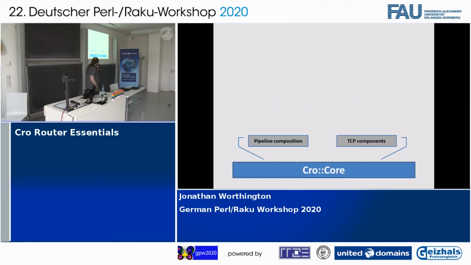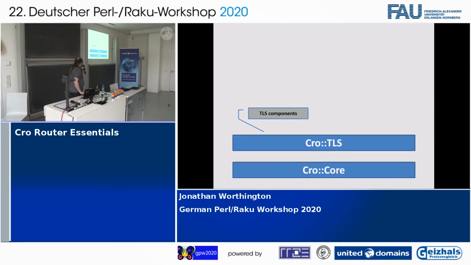So there is kind of a little bit like Git. You have plumbing and you have porcelain, and I'm going to really talk about porcelain mostly today. But at the very base of it all is something called Cro Core, which is a way of composing systems that process network requests and so forth out of a set of small components. For example, a HTTP pipeline is a request parser, and then something that's the application, and then something that makes a HTTP response.